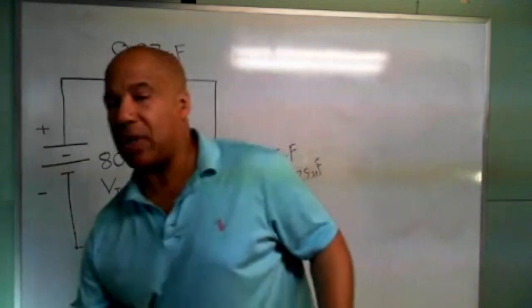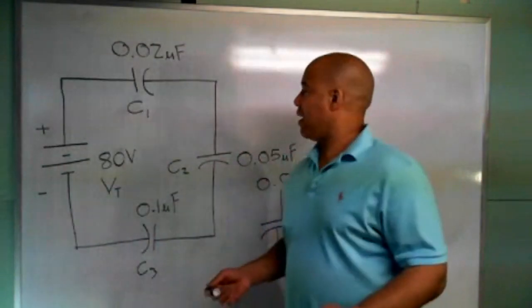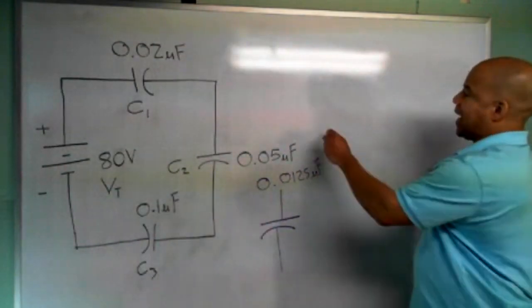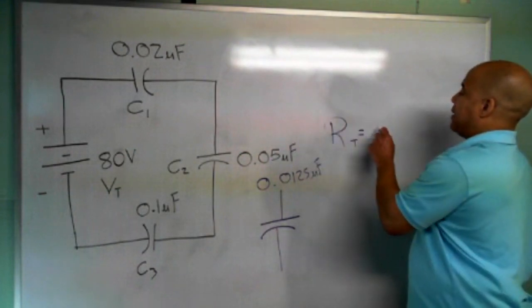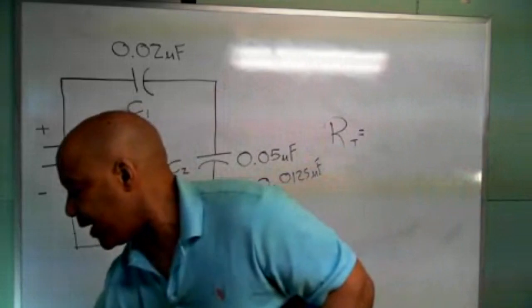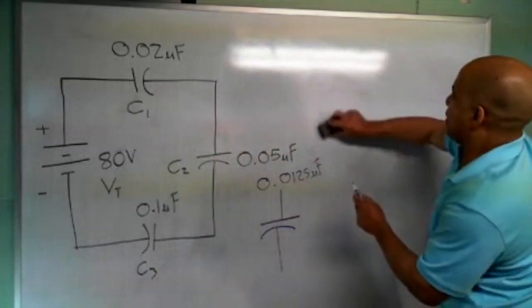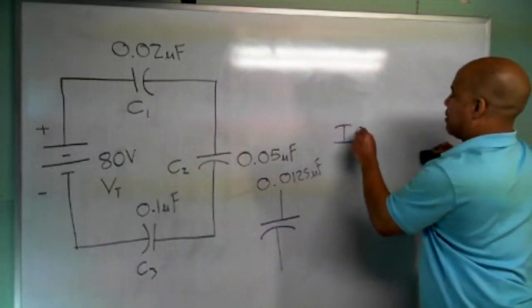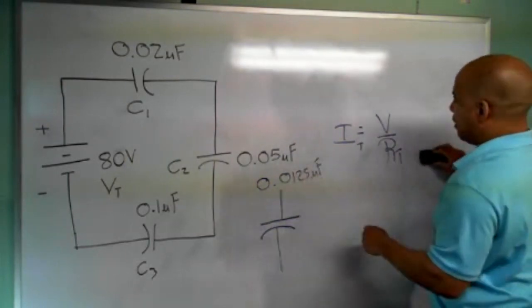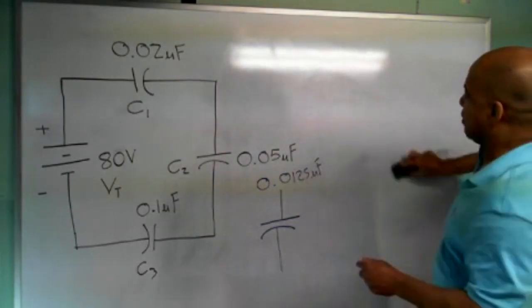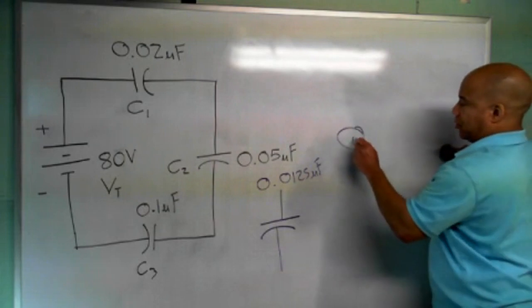If I have resistors, once I get the total resistance, I would use that to find the total current. I would say that the total current is V over the total resistance that you found. Well, here we're going to find the total charge.